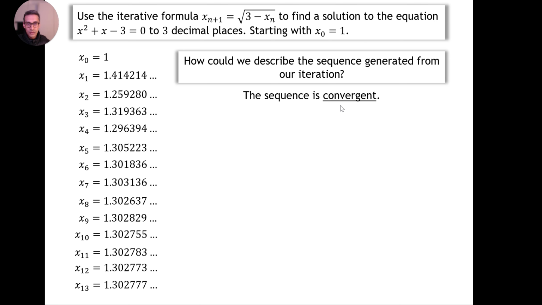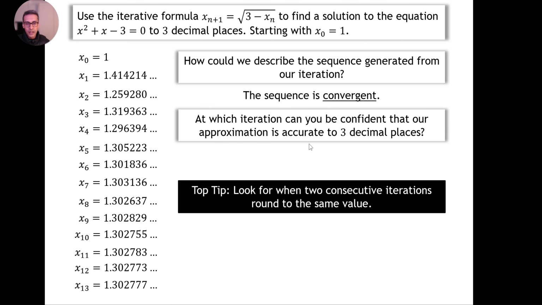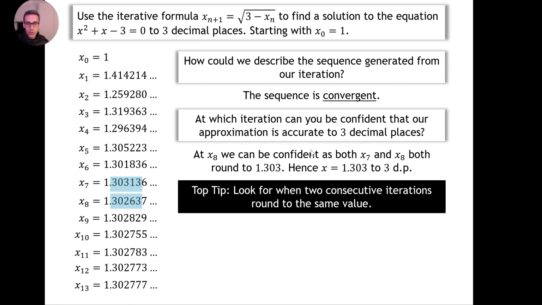So in this case the sequence is convergent, and what I would say is 1.303 is what we're going to round it to, because you can see if it's 3 decimal places and the digit after that 2 is 5 or greater, then the 2 will become a 3.